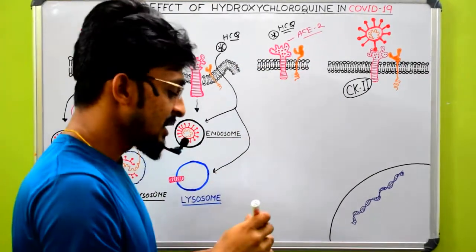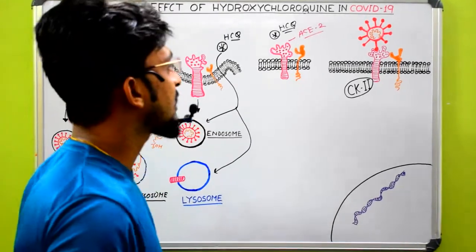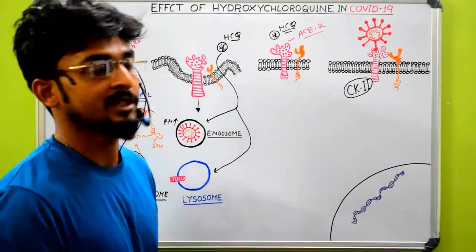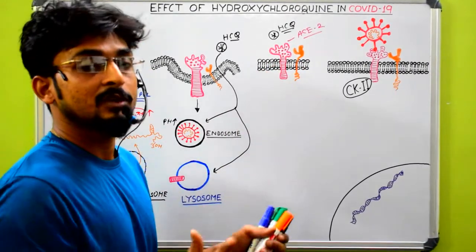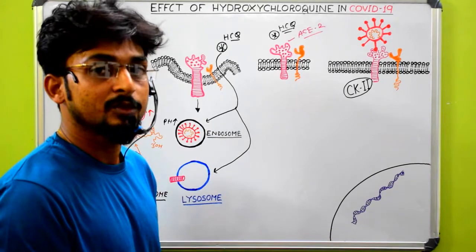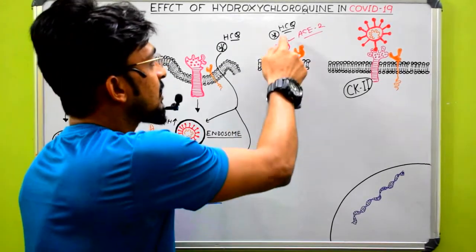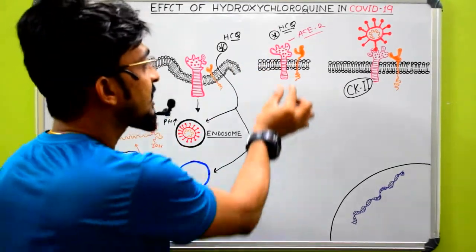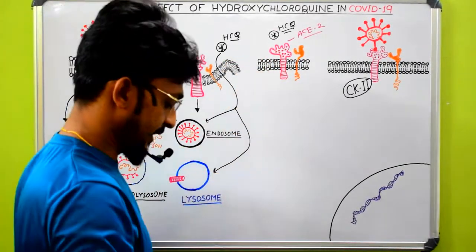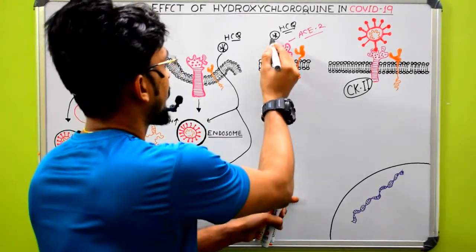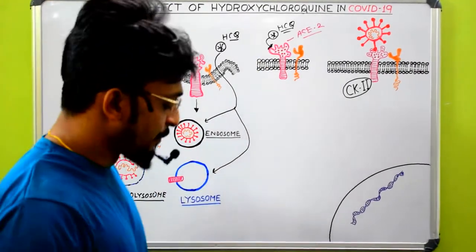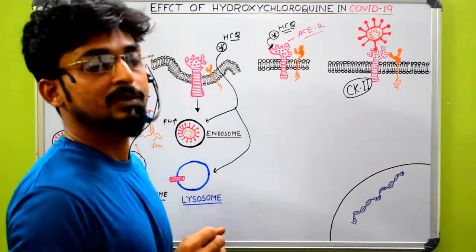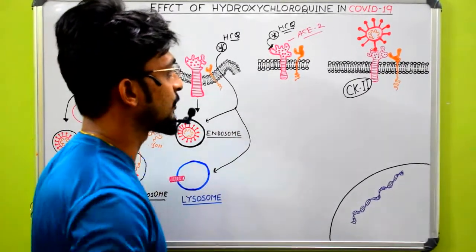These dots are nothing but the glycosylation, and this glycosylation is very important, as it is used by the virus for the proper attachment, the proper binding of the spike protein of the coronavirus. Okay, so this hydroxychloroquine can interfere with this glycosylation of the ACE2 receptor. So this is another effect.